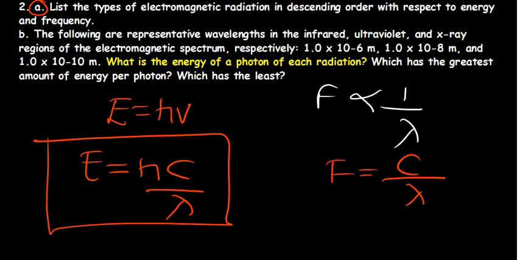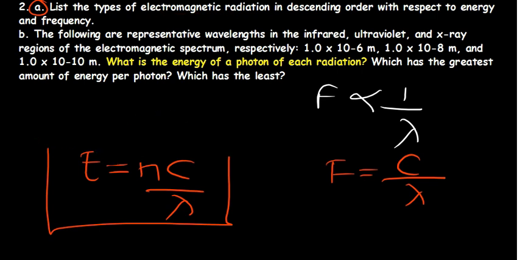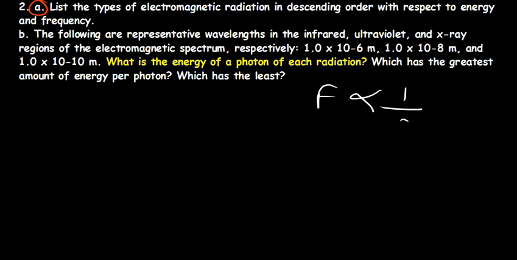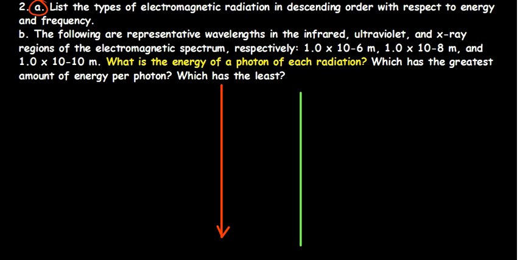So when they say list the types of electromagnetic radiation in descending order with respect to energy and frequency, we're focusing on the ones with high frequency, and then we descend. We arrange them from the highest to the lowest. In other terms, that means the wavelength is going to be in ascending order.